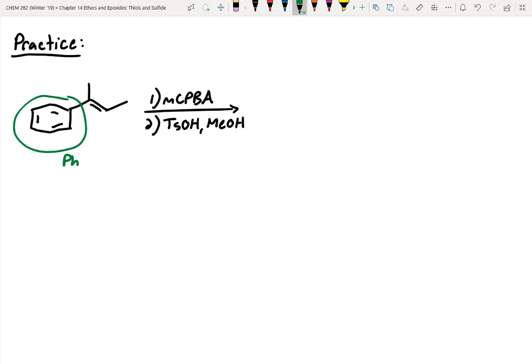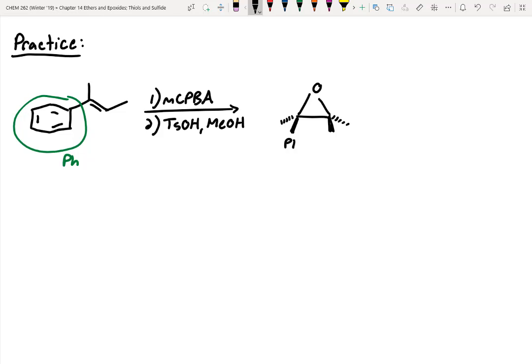All right, I'll get us started with the intermediate here, meaning the epoxide intermediate after step 1. Like I normally do, I just start out with an epoxide ring, and I tag on dashes and wedges onto each side, and then kind of fill them in as needed, right? So on that left-hand carbon of the alkene, we've got a phenyl group and a methyl group.